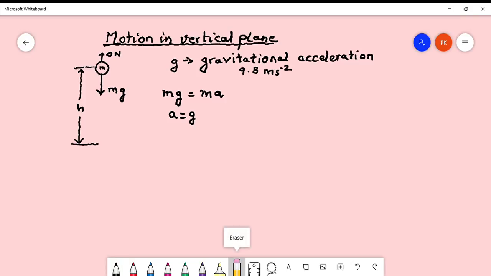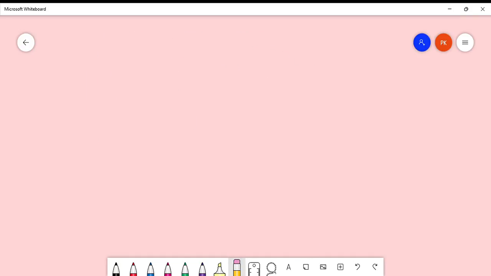Now, another thing that you have to keep in mind is the sign conventions. Any vector that is pointing towards the right in the horizontal direction will be taken as a positive vector.